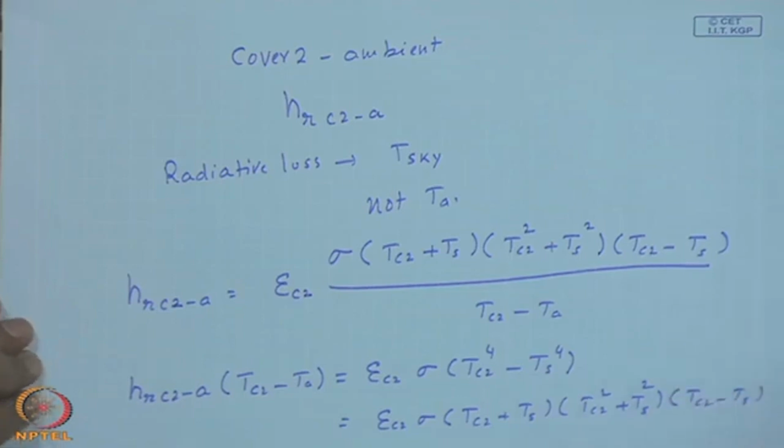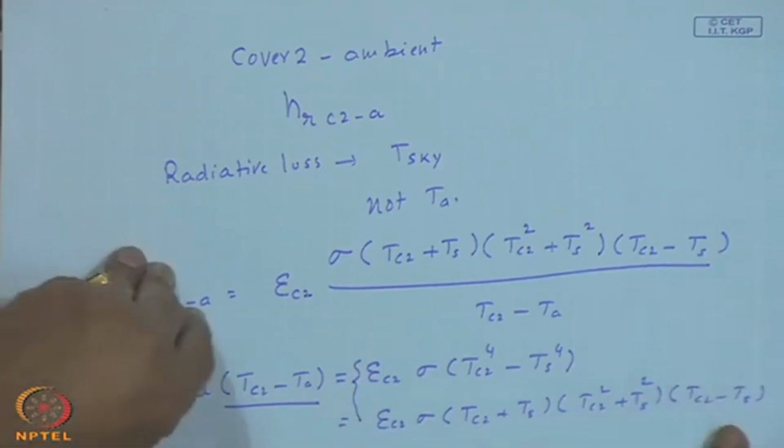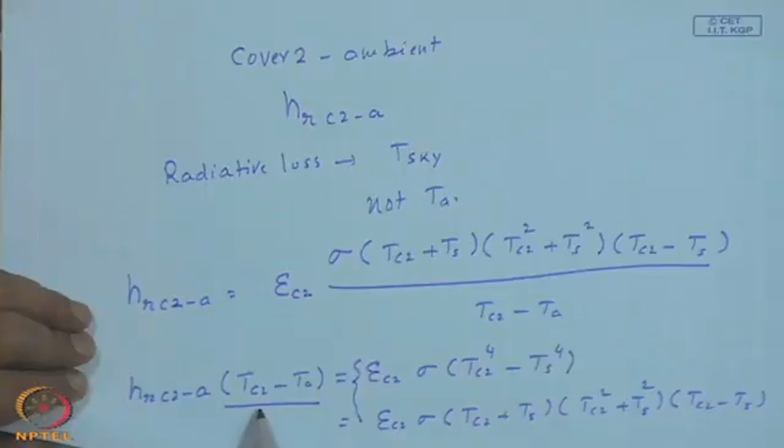So, this is artificially written so that if H R C 2 A is multiplied by T C 2 minus T A, it will give me the actual radiative loss from T C 2 to T sky, so that in my overall heat loss coefficient, this is based with reference to the ambient temperature T a.